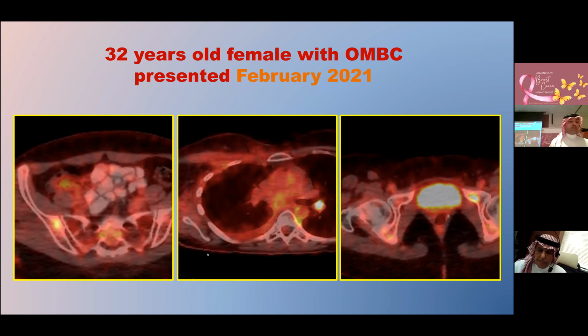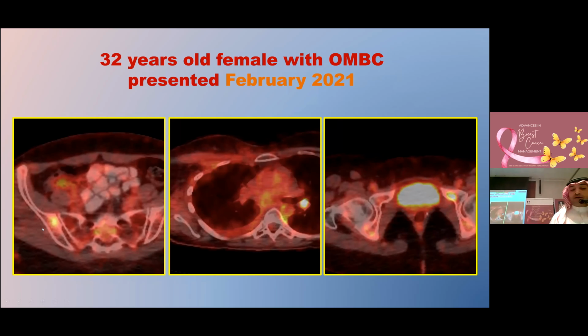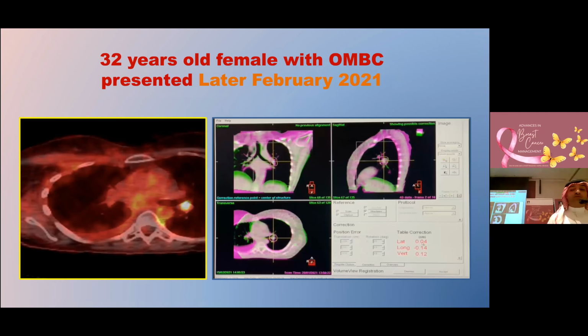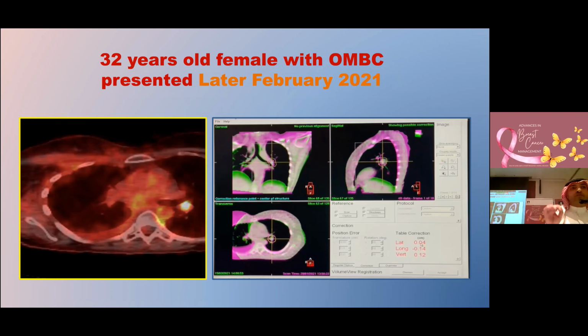So what we did here: she presented again with 3 metastatic lesions: the right ilium, the left ischium, and the left hilum. So we again zapped the lesions in the right ilium and the left ischium with ablative doses. Regarding the left hilum, we tried to contact our interventional radiologist to insert a landmark or fiducials so we could track the lesion using the SABR technique.